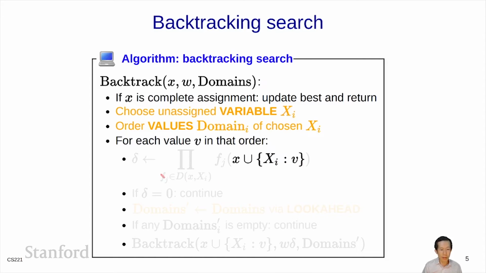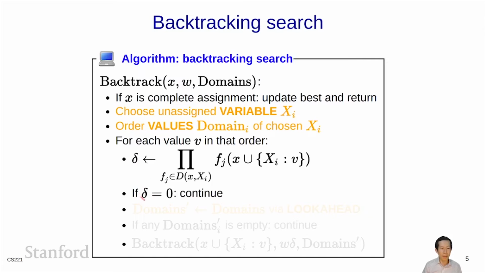And then we're going to look at all the factors in the dependent set of factors of x, the partial assignment, and new variable xi that we're going to assign. Multiply all the factors evaluated at this extended assignment. That number we're going to call delta, which is going to be the update on w.